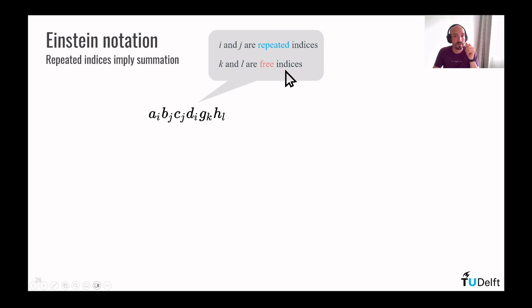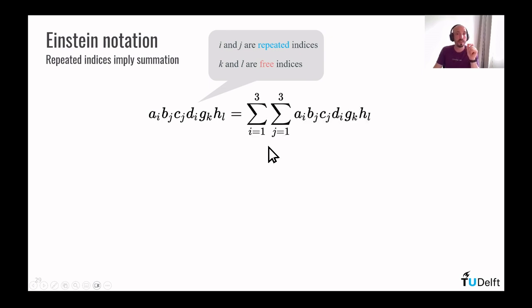And we also have g sub k, h sub l. Those are not repeated, so k and l are free indices. Okay? So remember, repeated indices imply summation. So i and j are repeated indices, and this implies that they have a summation. So we can write this as this summation here.